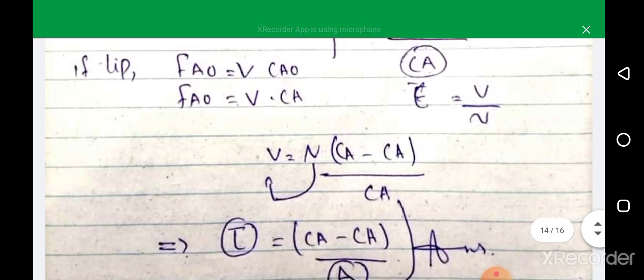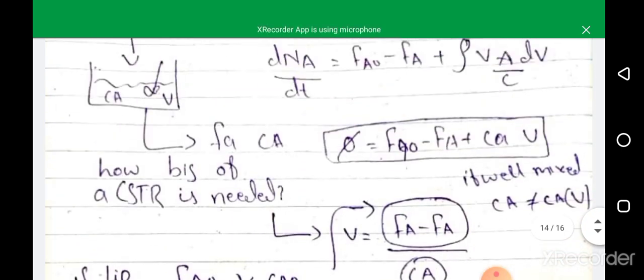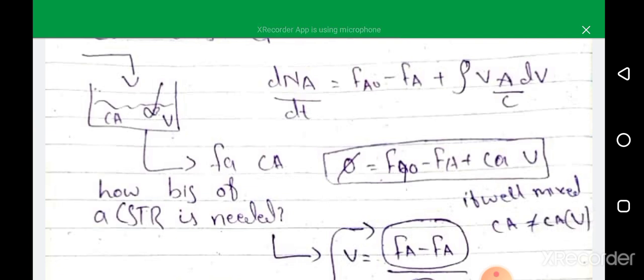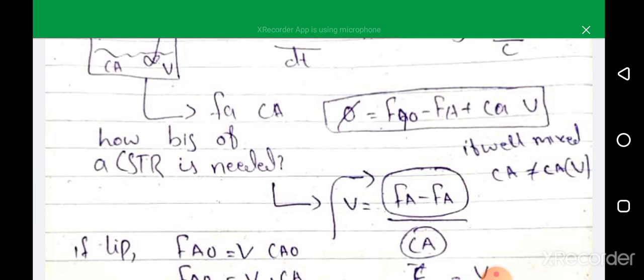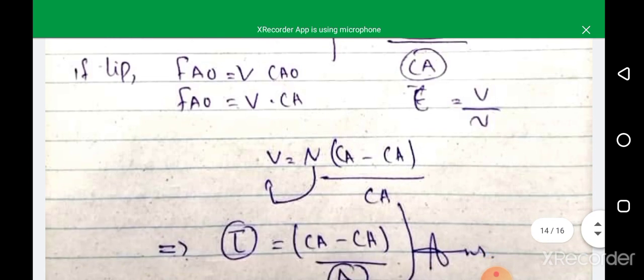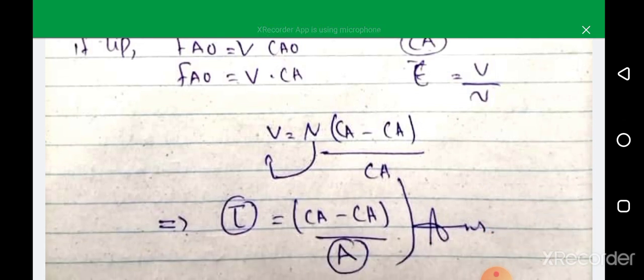V is equal to FA0 minus FA upon minus rA. Now our formula is 0 is equal to FA0 minus FA plus rA V. If well mixed, then rA is equal to rA at exit, and now our answer is that V equals v0 times CA0 minus CA upon minus rA. That is the answer of this derivation.